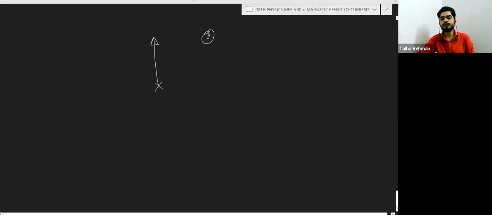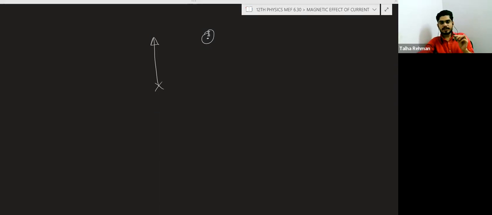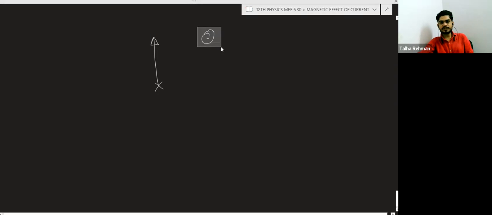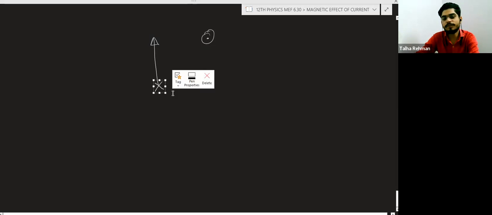Why? Because if something is coming towards you, you are able to see only the dot of the arrow. So something coming towards you is represented like this, and something going away from you, what will you see? You will see the tail of the arrow only.